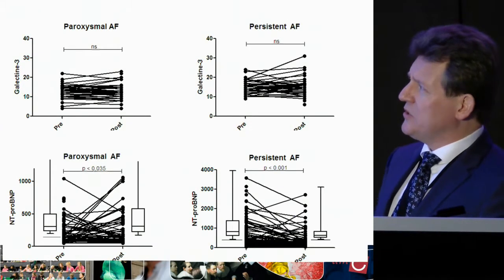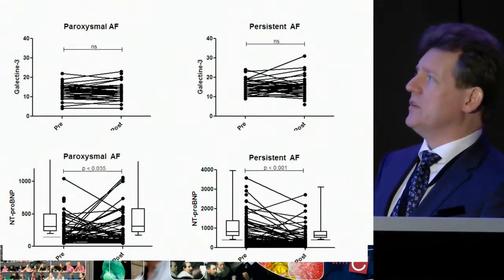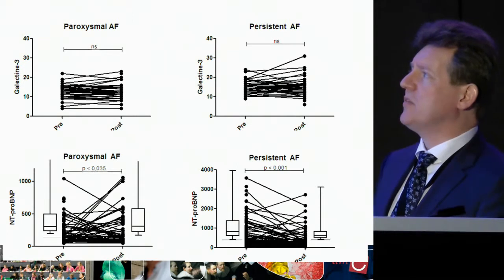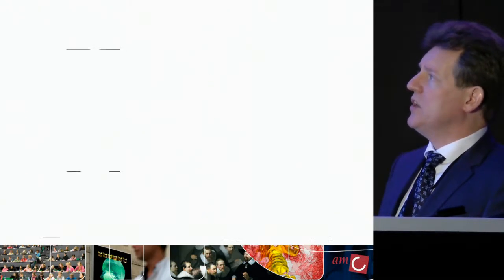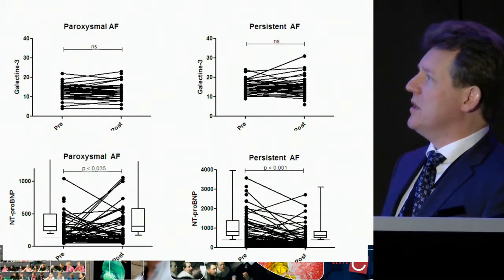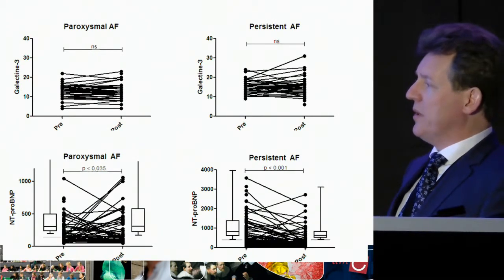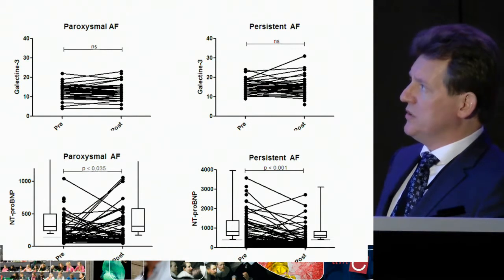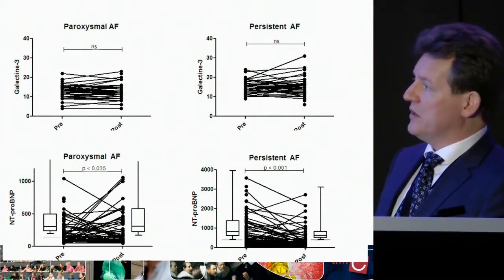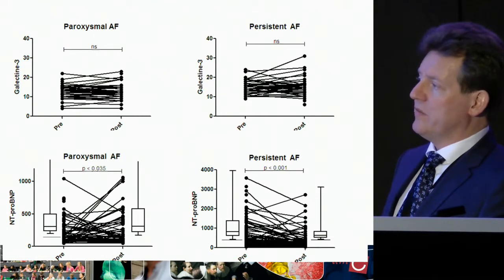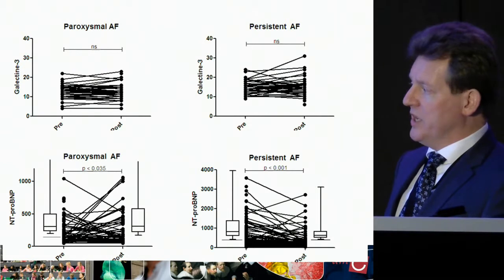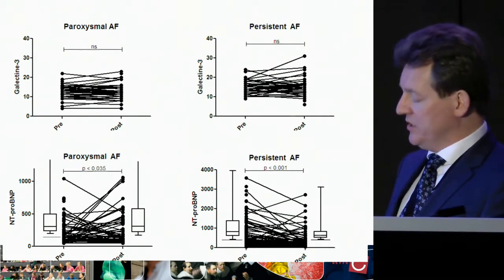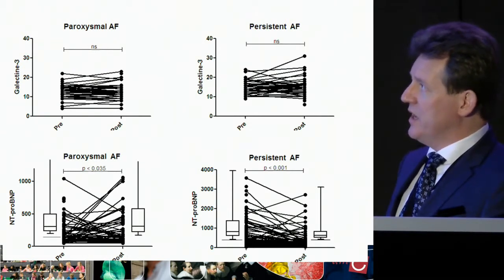So we try to get the feeling on which direction these parameters went, and here you see the galectin-3 concentrations in the upper panel and the NT-proBNP in the lower panel. And please note that the scales here are different, but in paroxysmal AF there's really no relation whatsoever in the NT-proBNP levels before and after ablation, whereas there is a clear decrease in persistent AF.